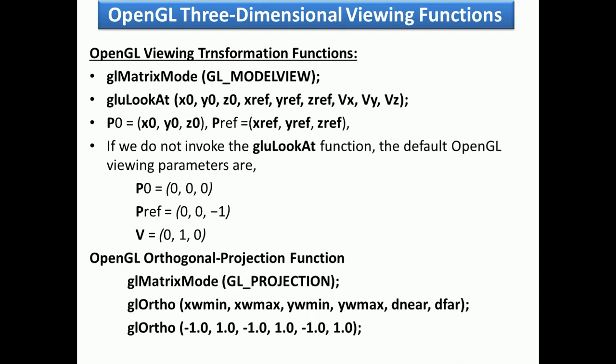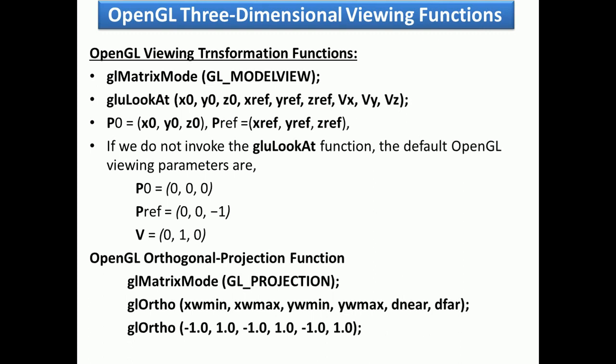This we studied in the previous sections. The other functions, such as those for an orthogonal projection, an oblique perspective projection, and a viewport transformation, are contained in the basic OpenGL library. In addition to this, the GLUT functions are available for defining and manipulating the display windows. So let us understand these functions one by one.